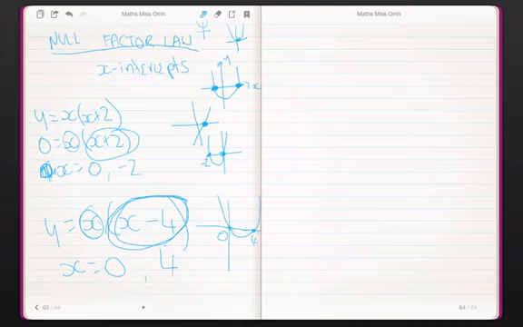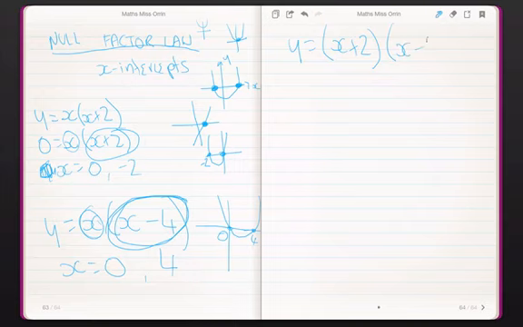So this is one of the ways we can use the null factor law to find the x-intercepts. Now, what if you had something that looked more like this? Let's say x plus 2, x minus 4. Okay? So what we do is we say one of these things, either this or this, has to equal 0. So one of these 2 brackets must equal 0 for this equation to be true.